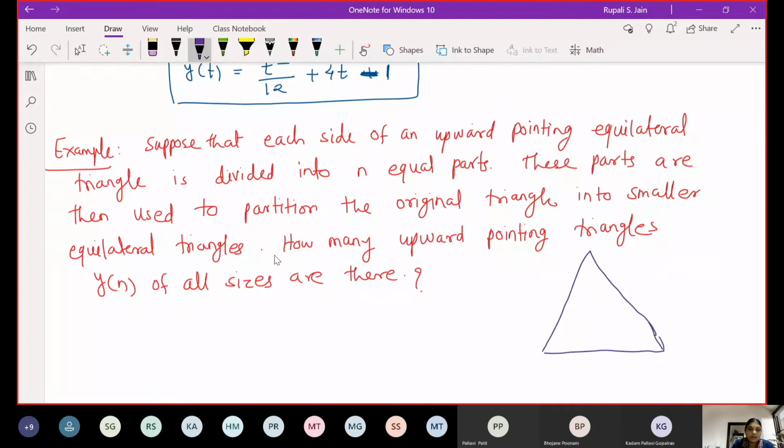Equilateral means all sides are of the same size. Now it's divided into n equal parts. N equal parts means for n equal to 1, one part, for n equal to 2, two parts, and so on. So first I will draw this.